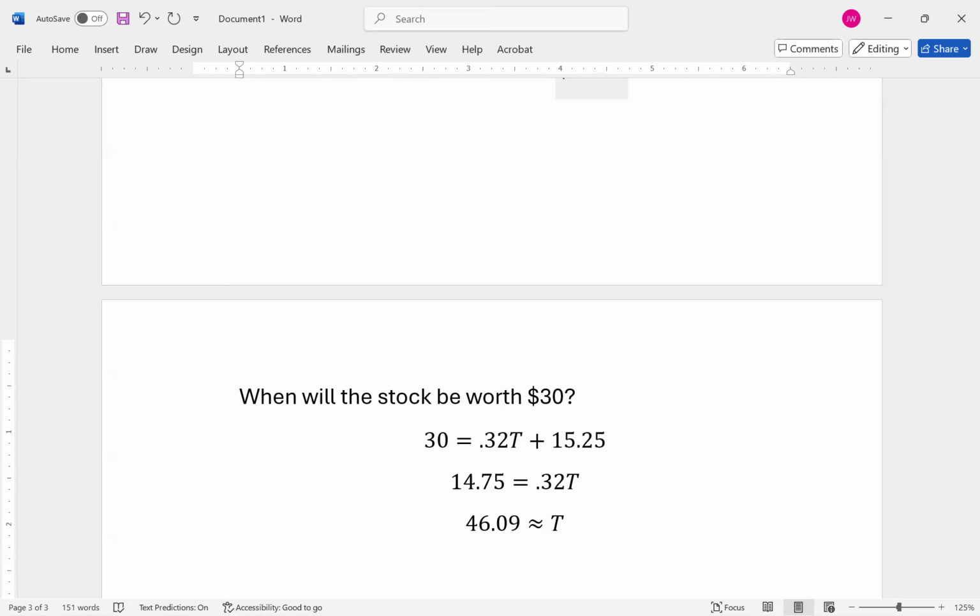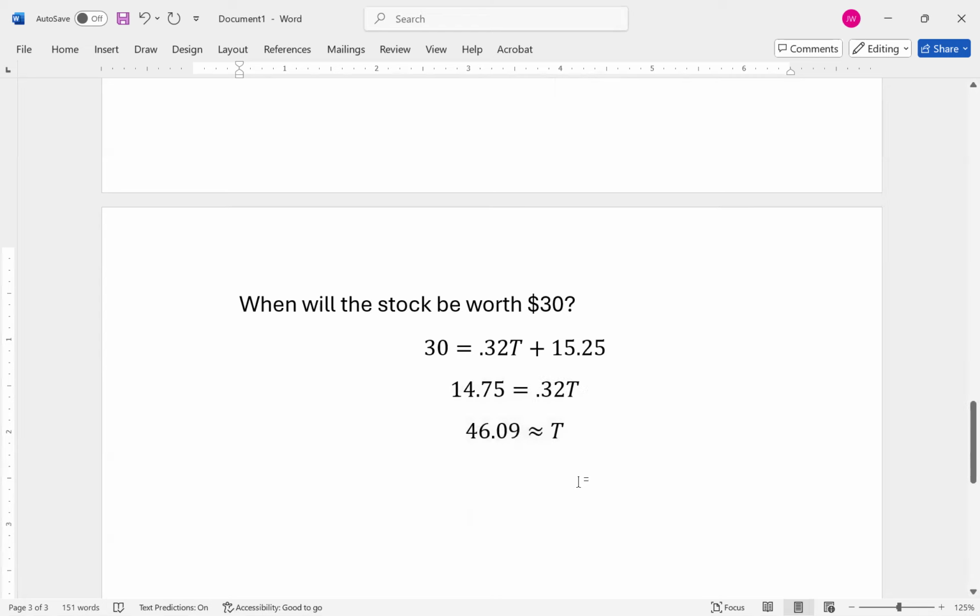Now, be careful about that. That doesn't mean 2046. Remember, the T stands for time since 2008. So when we add this to 2008, we're talking about the year 2054, or you can say year 2054.09, if that makes sense to you.